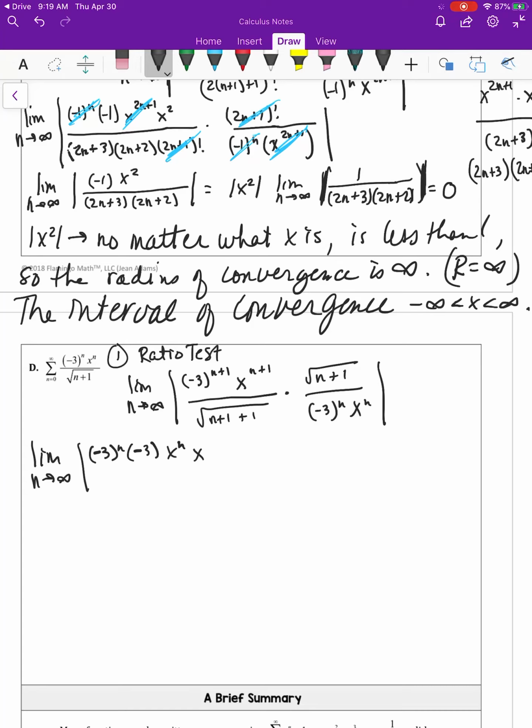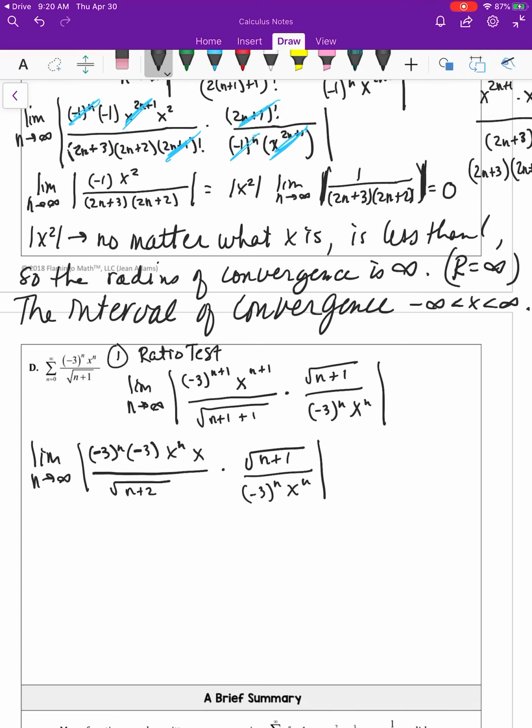And now we need to simplify. So we've got our negative 3 to the n times negative 3. We've got our x to the n times x to the 1 over, this is just going to be the square root of n plus 2.